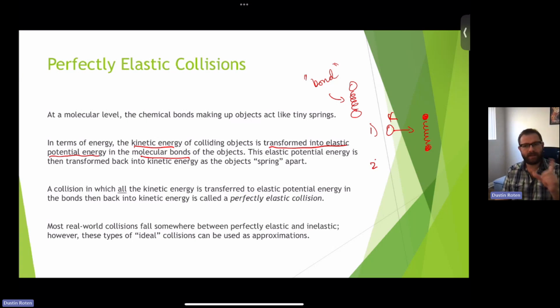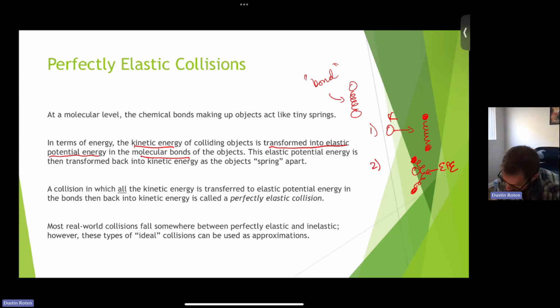The second part of this interaction: the ball hits the object, and you get this stretch in the chemical bonds. So we went from kinetic energy to elastic potential energy.